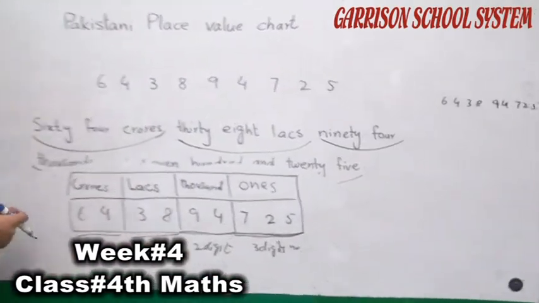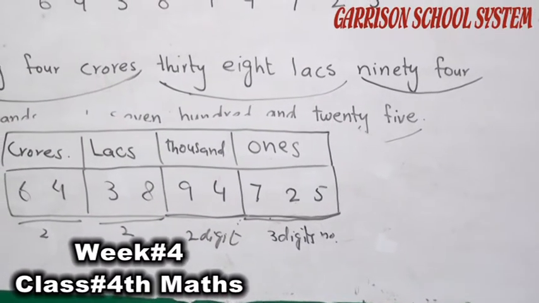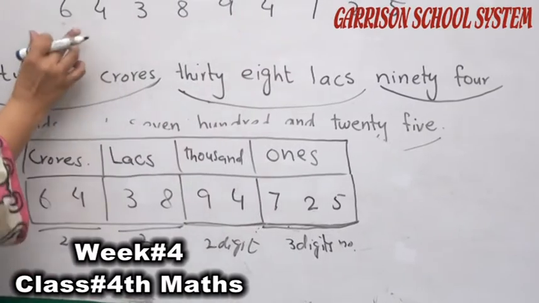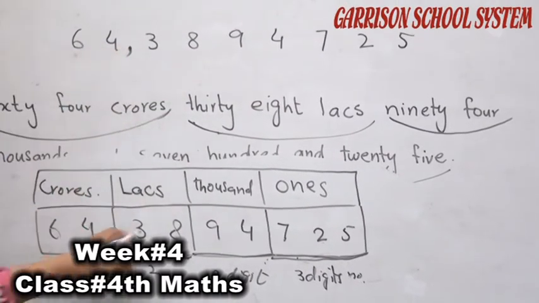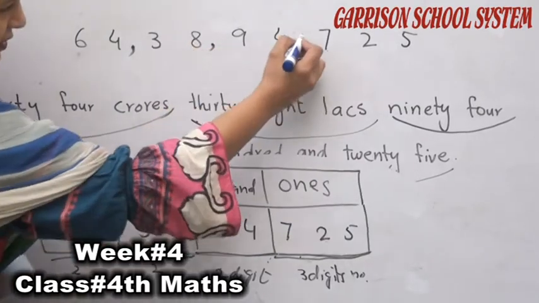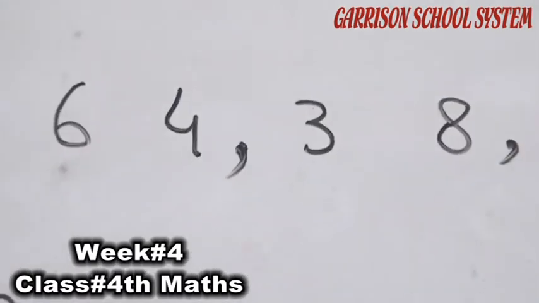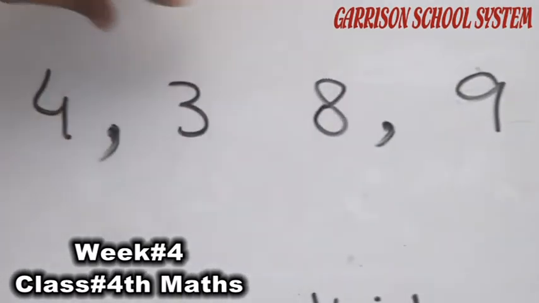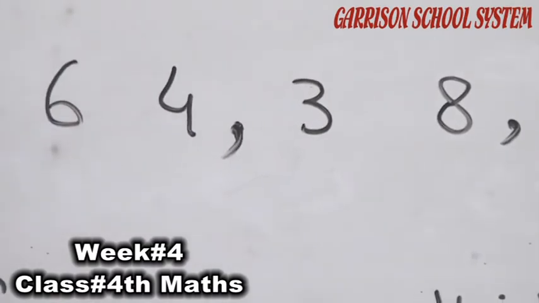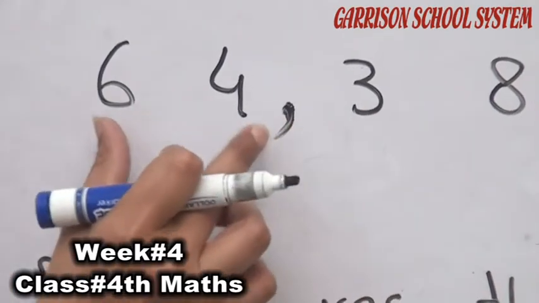Students, I have written the number. If I put the commas here, for example, after 64 we put a comma, after 38 we also put a comma, after 94 also. So I can write this number. Commas separate the crore from the lakhs.